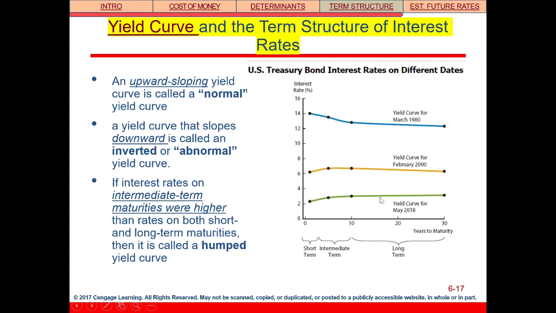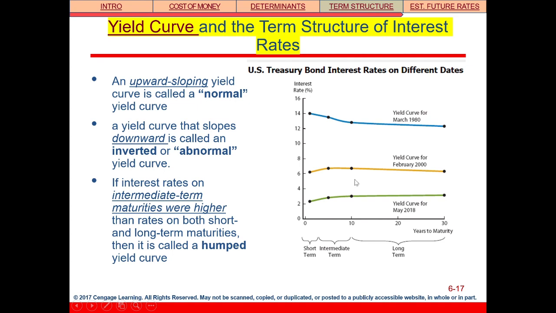And then the middle one is the orange one, the hump-shaped. If interest rates on intermediate term maturities are higher than the rates on both short-term and long-term maturities, then it is called a hump-shaped yield curve. What does it mean? It means the interest rates for both short-term and long-term are lower than the interest rate for the intermediate term.